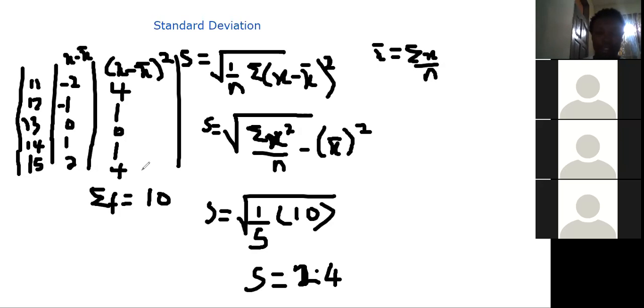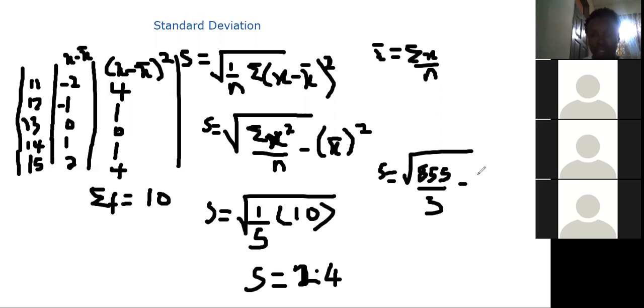Then use the formula. So s is equal to sigma of this, which is 855, all over n. The n here is 5, minus this squared. What is this squared? What are you getting? We had the mean to be what? 13. So minus 13 squared.